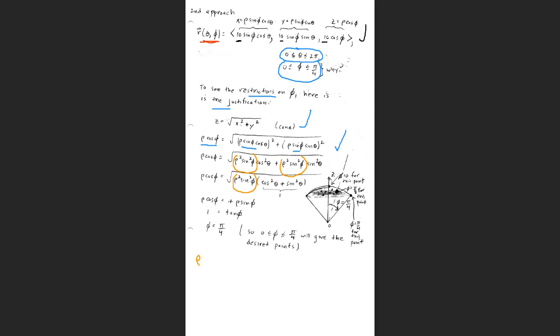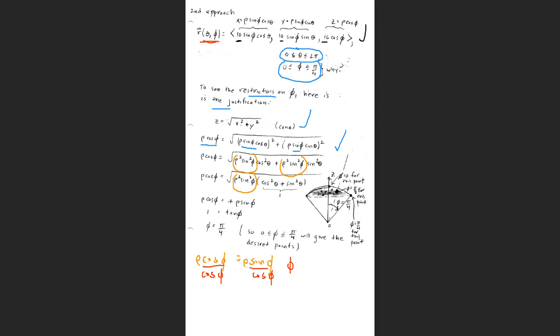Okay, but if you have rho cosine phi equals rho sine phi, you can divide both sides by cosine of phi, so long as phi is not equal to 90 degrees, and it's not in this case.